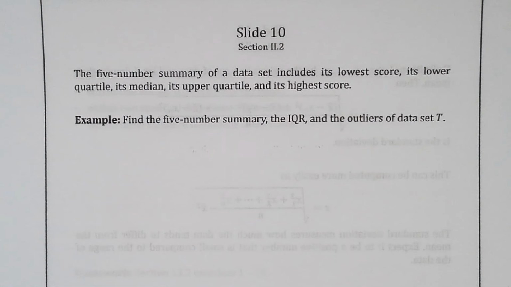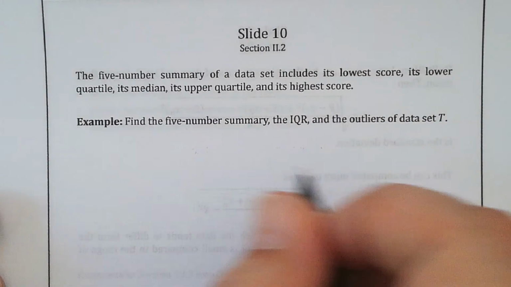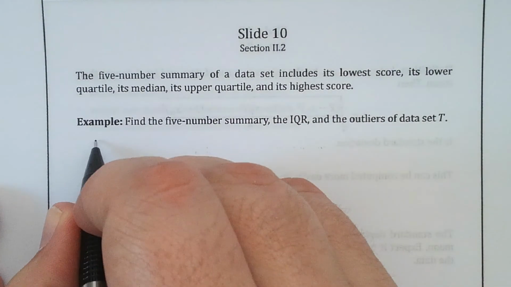In order to find the 5-number summary, we need the data of T listed in order. So let's just copy that down from what we had before.